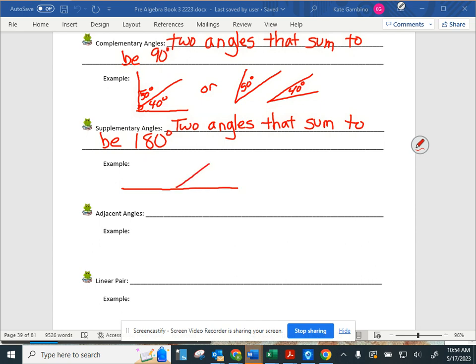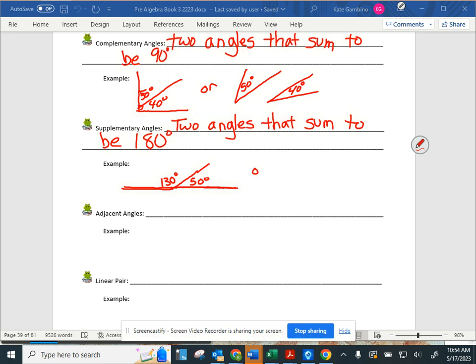So I'm going to say maybe we had 130 degrees and 50 degrees. Together they're making that straight line. 130 plus 50 is 180 degrees.